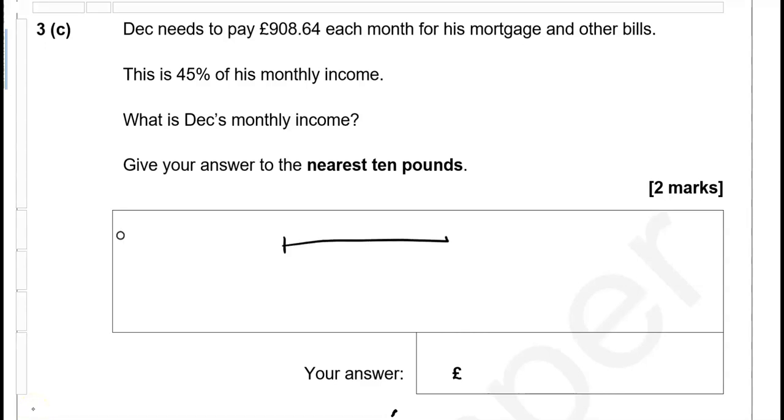So if we represent the 100% amount like this, which we don't know what is equal to, what we know though is that 45% is equal to £908.64.